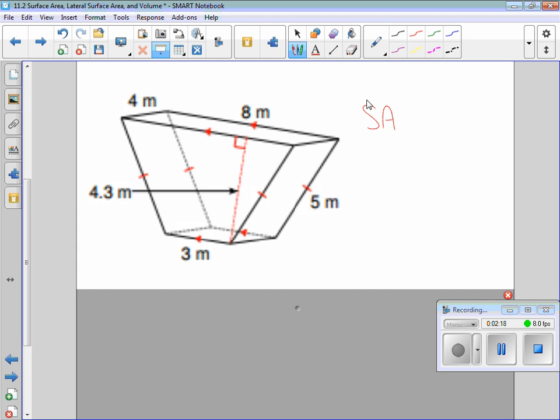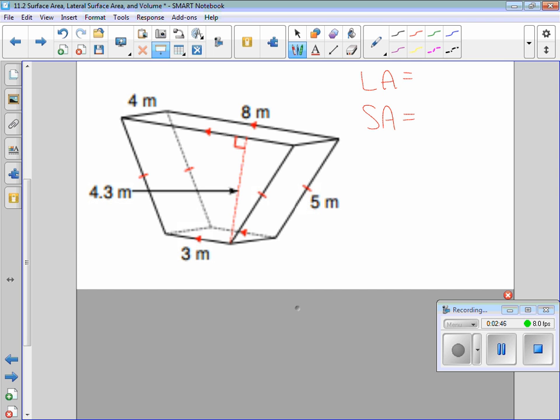There's no lateral area or volume formula for a trapezoidal prism. But by understanding what the surface area and the lateral area represent, you can find these things on your own. So if you're stuck and don't have a formula, you can go about doing it. We'll look at using the formula here in just a bit.